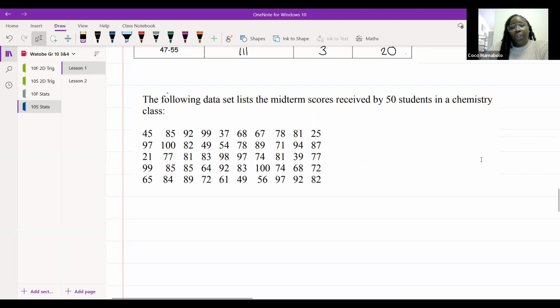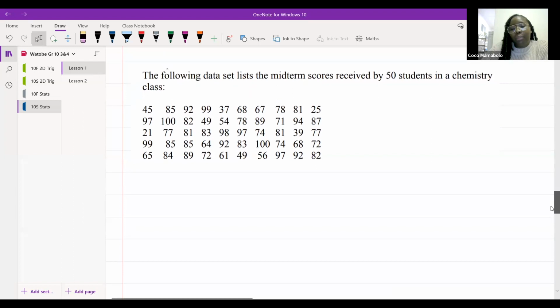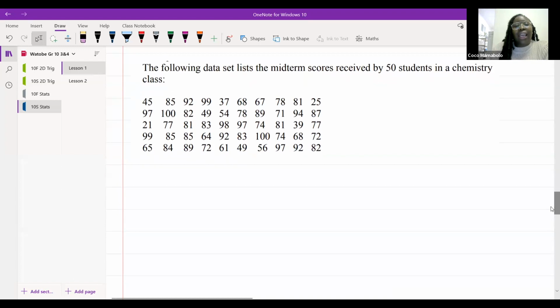Okay. So from these frequency tables that we've got over here, we are going to have to figure out for ourselves some very important information, like the mean and the mode and the median and the range. All of this is going to come from these frequency tables that we have drawn.